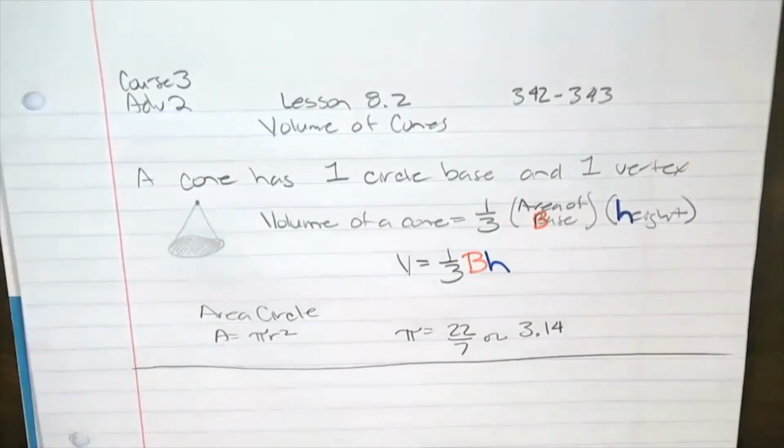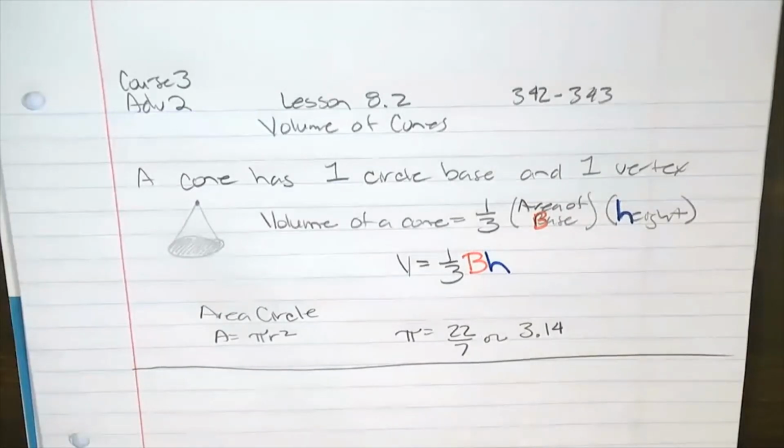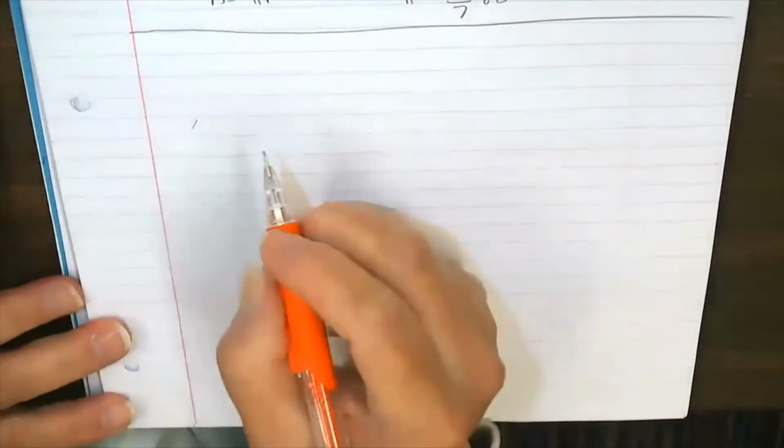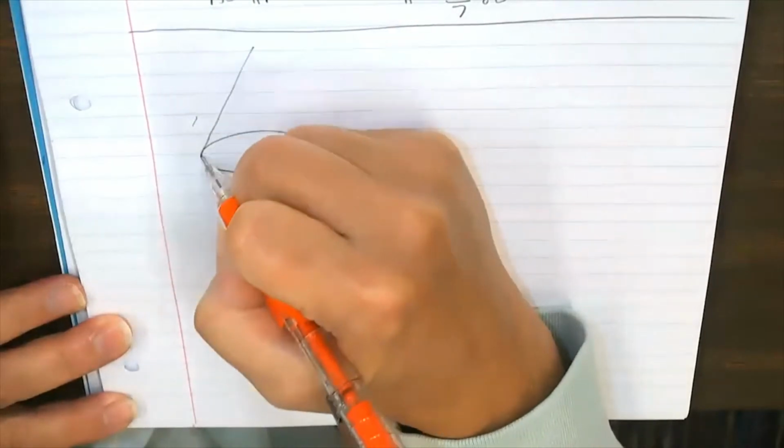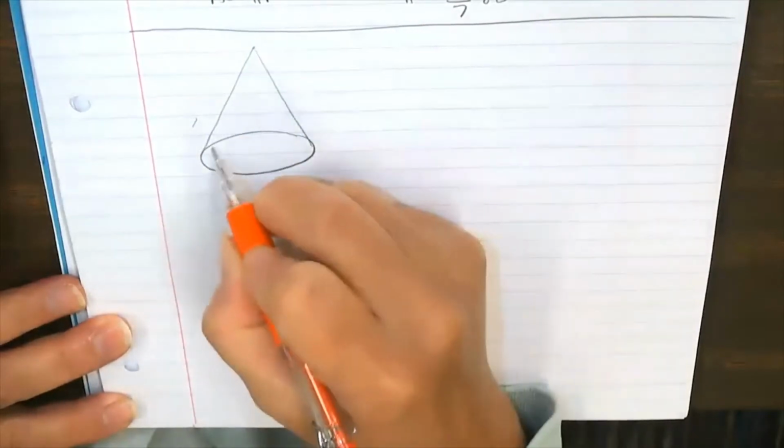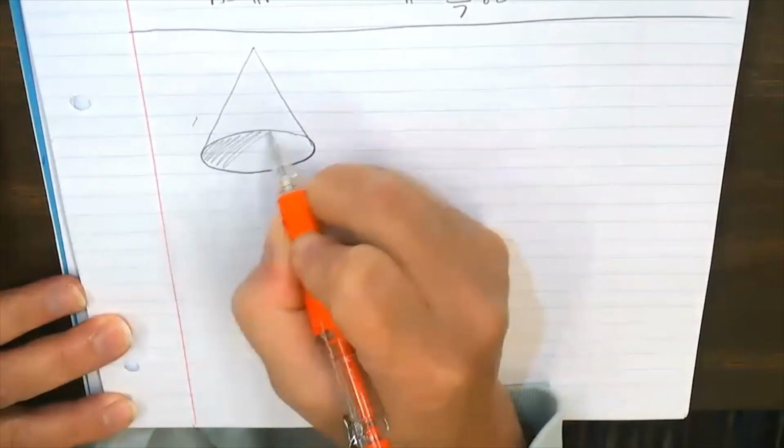So what does all of that mean? Well, let's put it all together. The book has given us a cone that looks like this. Here's the base.